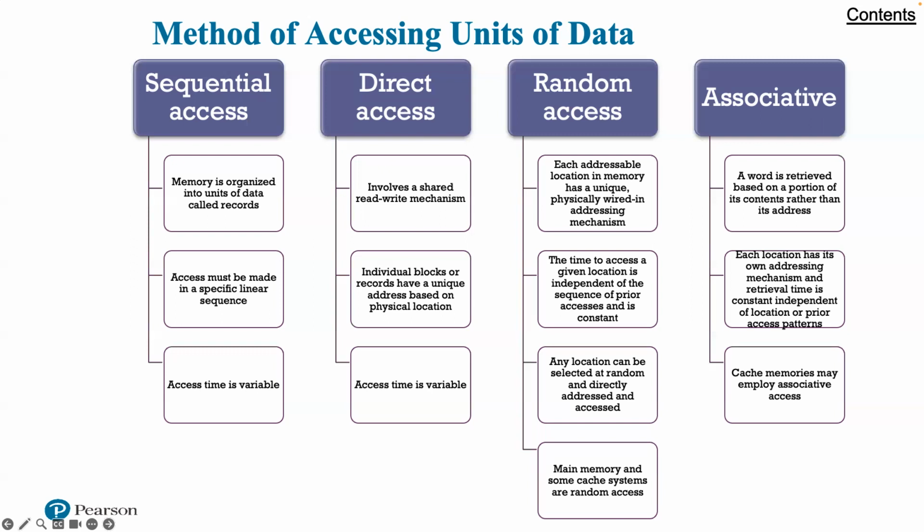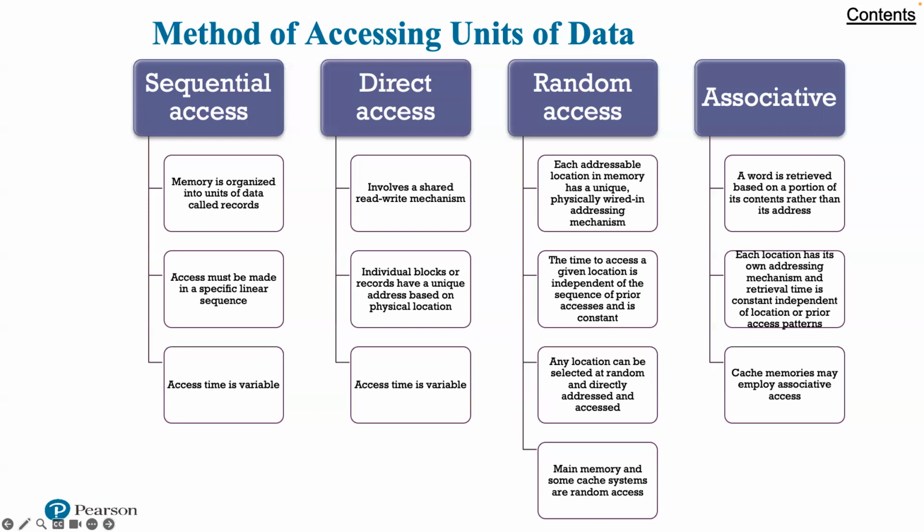Finally, we have associative. This is a random access type of memory that enables one to make a comparison of desired bit locations within a word for a specified match, and to do this for all words simultaneously. Thus, a word is retrieved based on a portion of its content rather than its address.